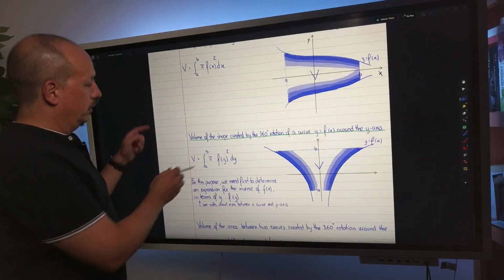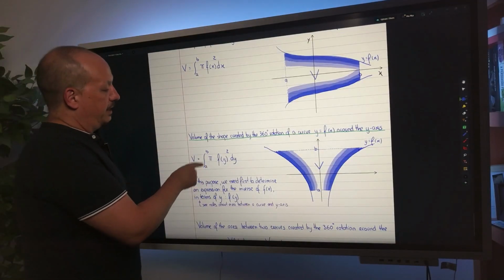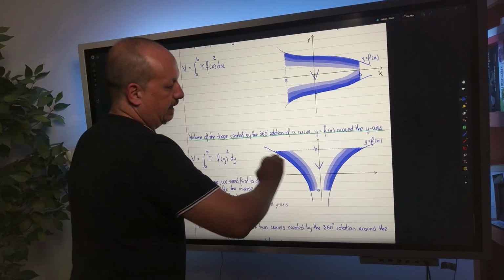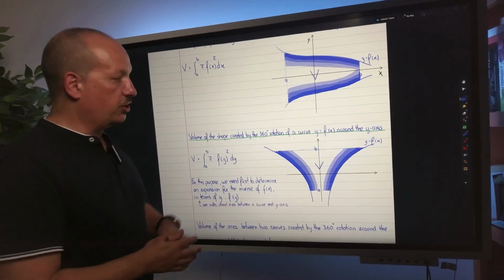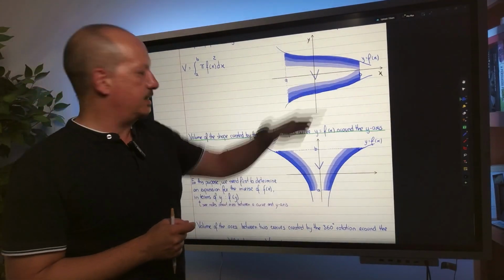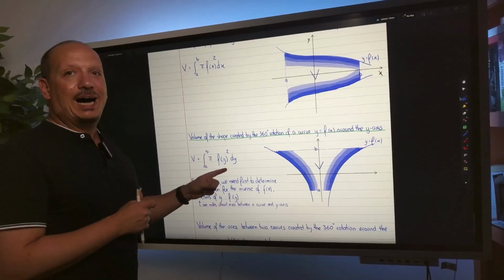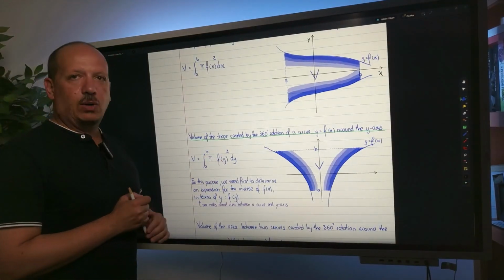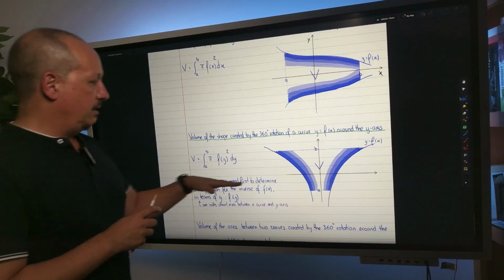The formula, if you look, is pretty much the same. It is the integral between a and b. Don't forget again, a and b are the limits of integration on the y-axis, not the x-axis, of pi f of y squared dy.